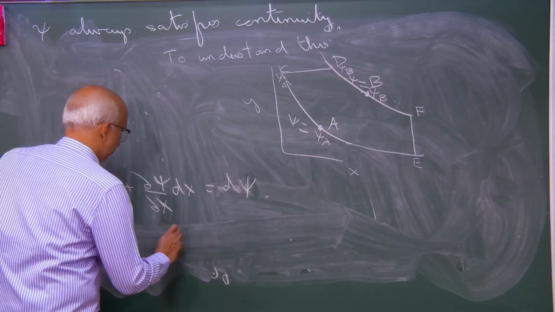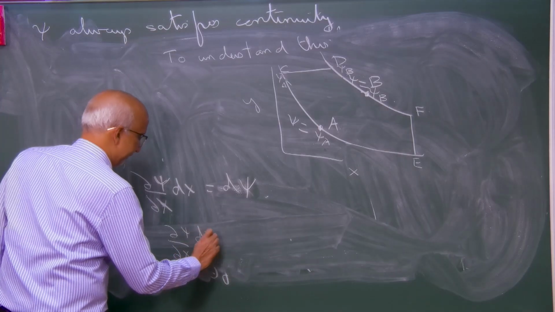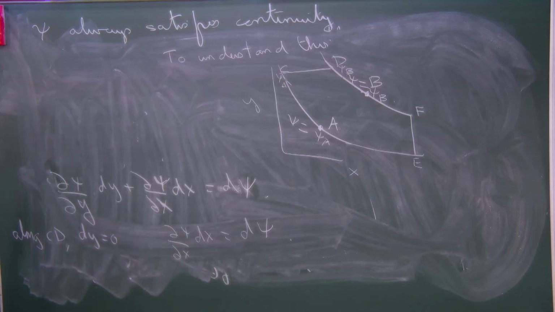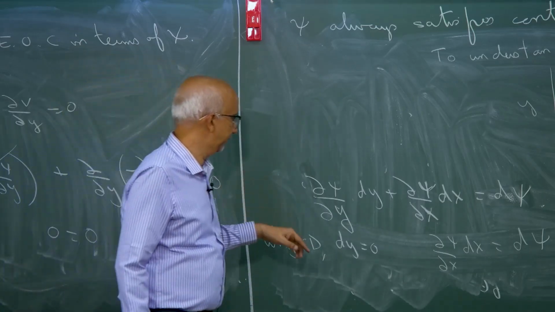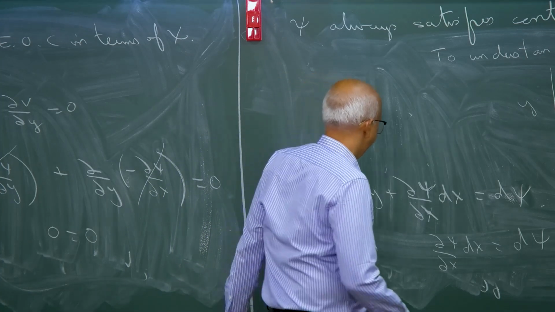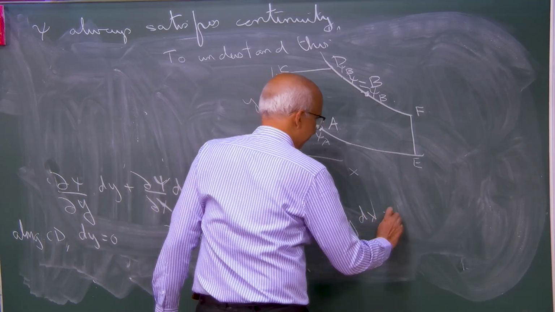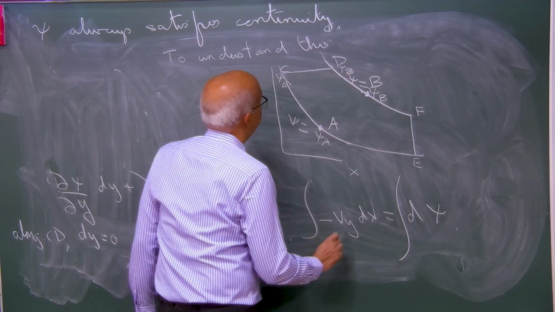Since dy is 0, I have d psi by dx times dx is equal to d psi, and d psi by dx is nothing but, what did we have? d psi by dx is minus Vy, right? Yeah. So, minus Vy dx is equal to d psi, and I am integrating this from C to D.